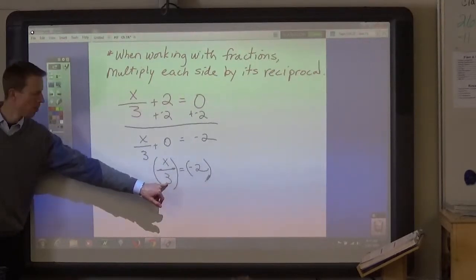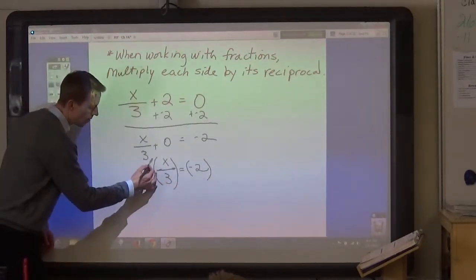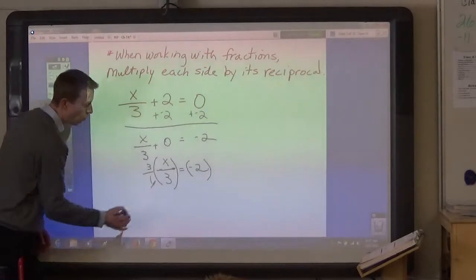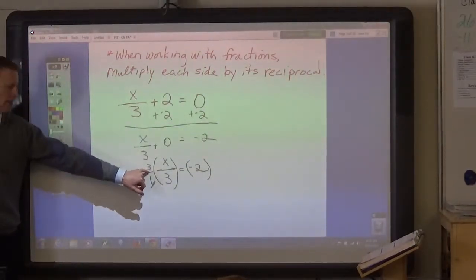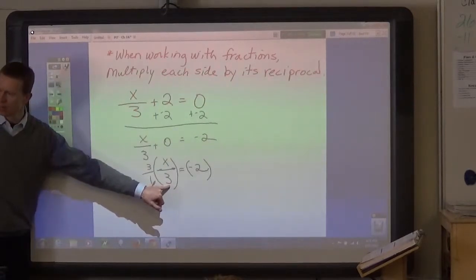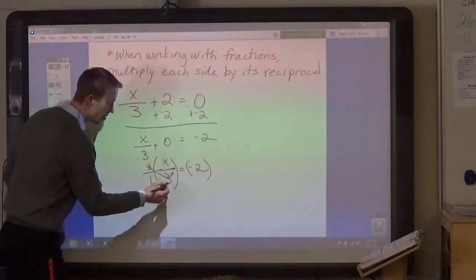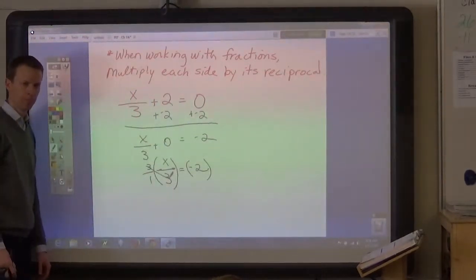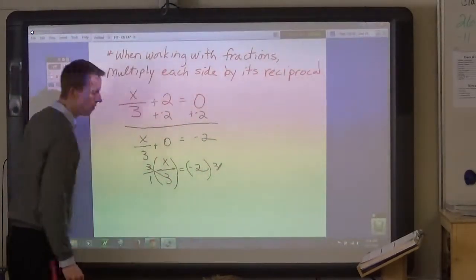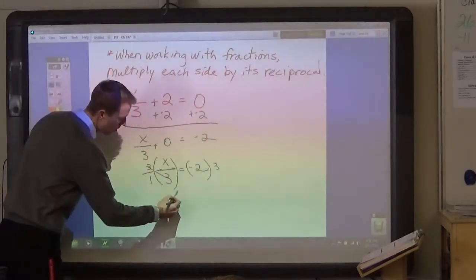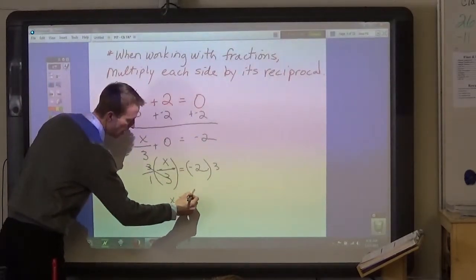Henry? Times it by the reciprocal. Right. Times it by 3 over 1. We have a 3 on the top in the numerator, 3 in the denominator, so we can cross out those 3's. Multiply by 3 on this side. And that proves x is negative 6.